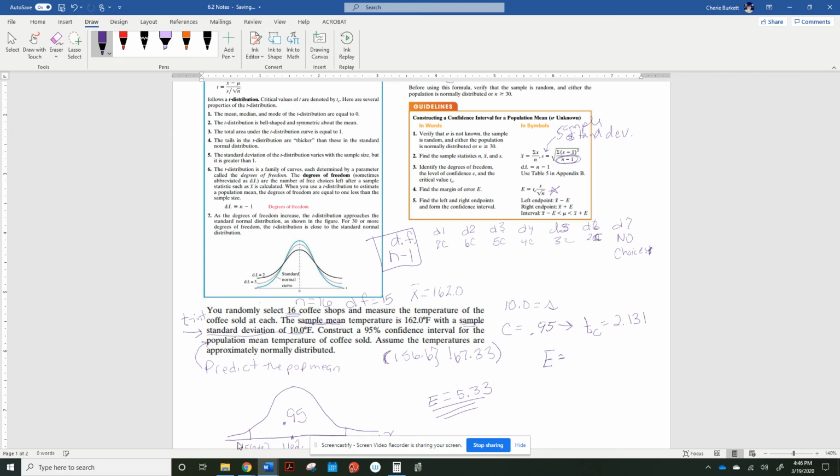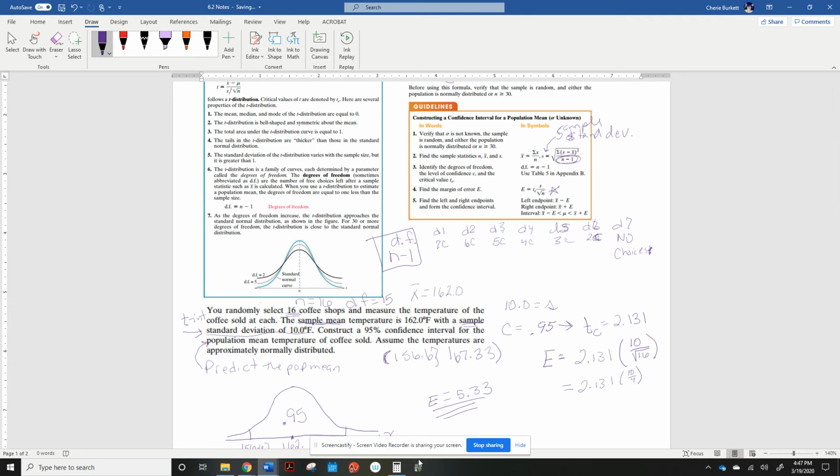If we didn't have StatCrunch, here's how we would calculate it. We would take this 2.131 and we would multiply it times the value of S, which is our sample standard deviation, divided by the square root of our sample size. So 2.131 times 10 divided by 4. Square root of 16 is 4.